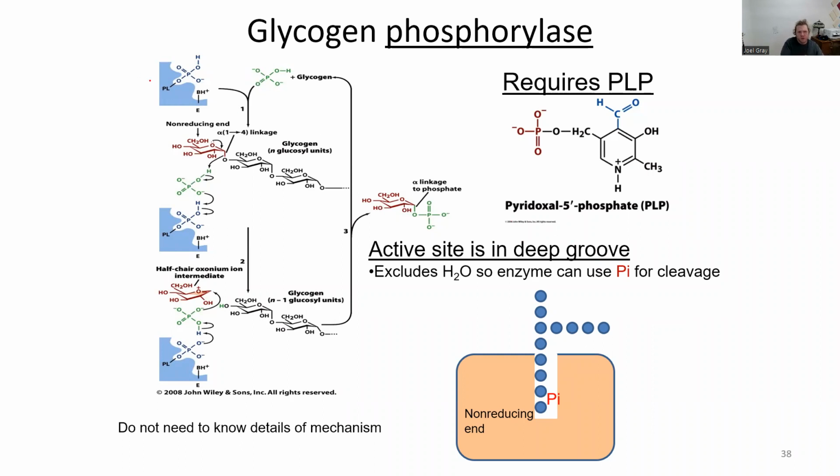If you look over here on the left-hand side, this model here, what we have is this PL, which is where our PLP molecule is going to be anchored within the active site of our enzyme.